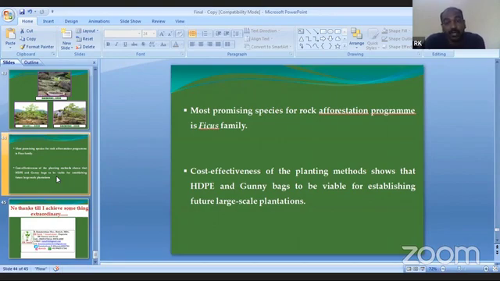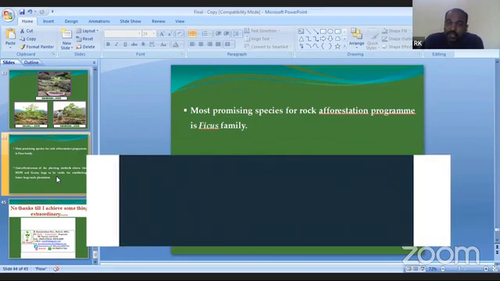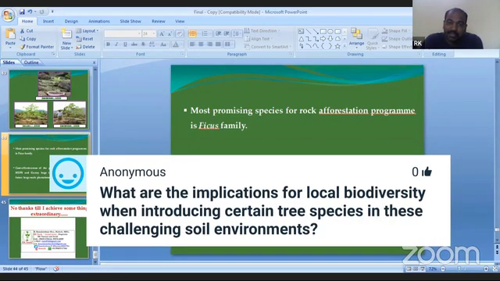Next question: what are the implications for local biodiversity when introducing certain tree species in challenging soil environments? Biodiversity is not only about one thing. For the enrichment of biodiversity, you first need trees, fruit-bearing tree species.